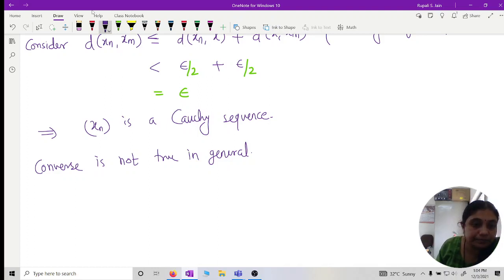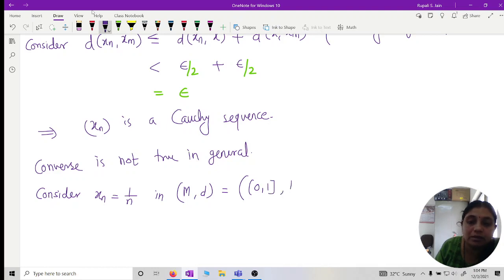So consider xn is equal to 1 by n, in the metric space (X, d) with X the open interval (0, 1], and distance defined as modulus. Can you show this is a Cauchy sequence? We will show this is Cauchy but not convergent.